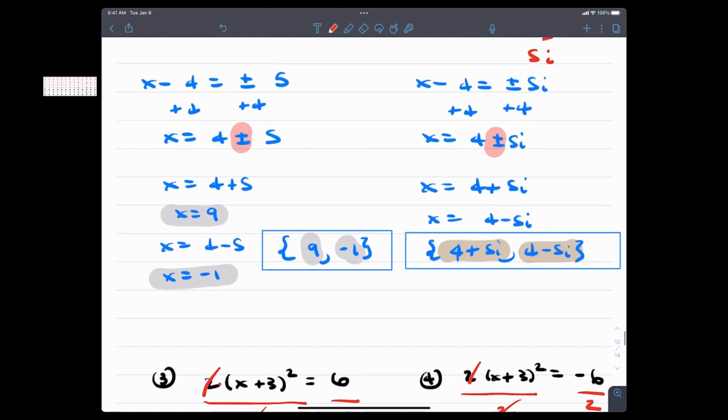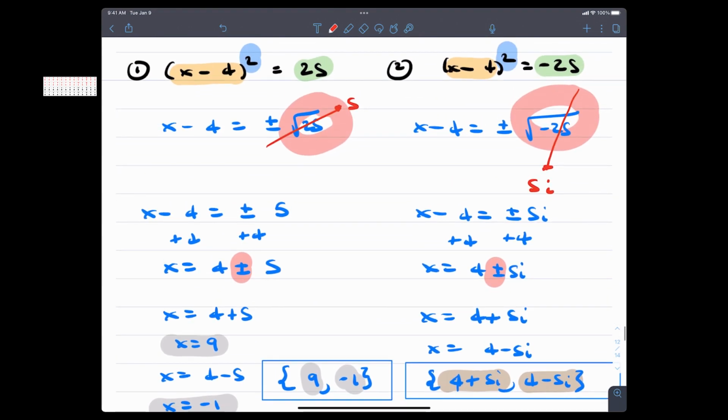Yeah, we did number 1 and 2. See that there? This is a complex solution because you have the square root there. Remember, if you have that negative sign, ultimately you're going to end up with the complex. Because with the square root formula, it's always plus or minus the square root of the number.